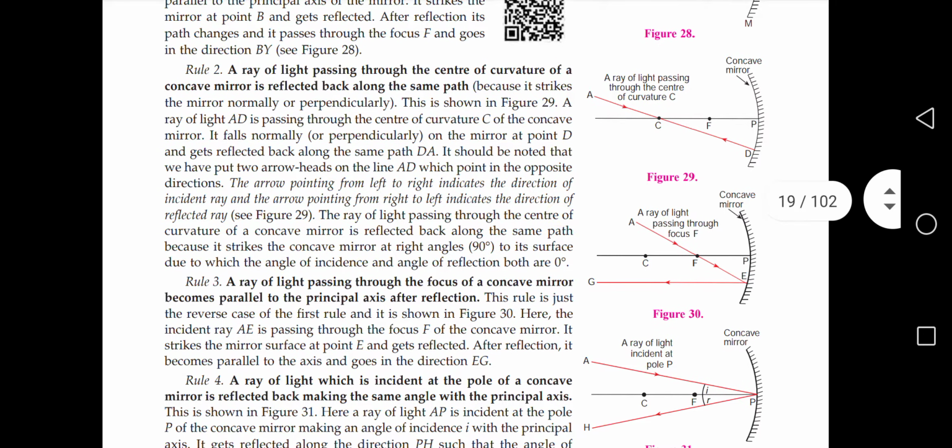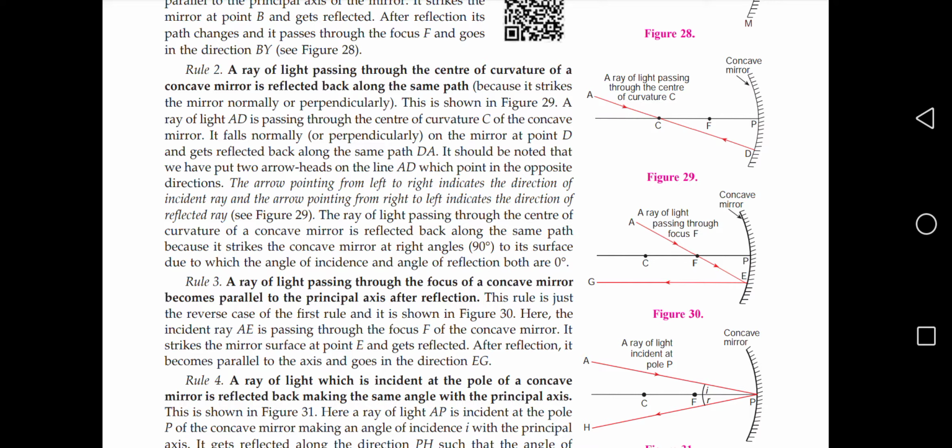What is the third rule? A ray of light passing through the focus of a concave mirror becomes parallel to the principal axis after reflection. I want you to look at figure 30. In this figure, there is an incident ray of light, that is AE, and it is passing through F, that is principal focus.